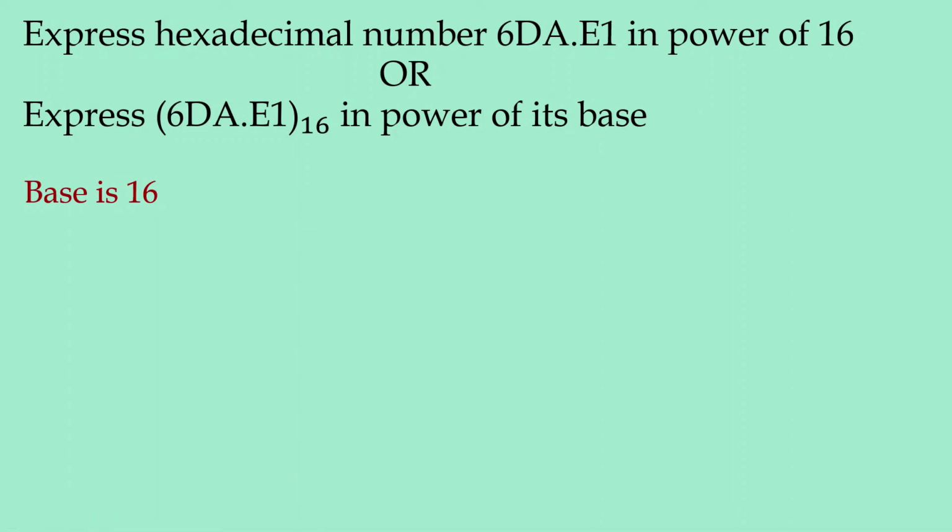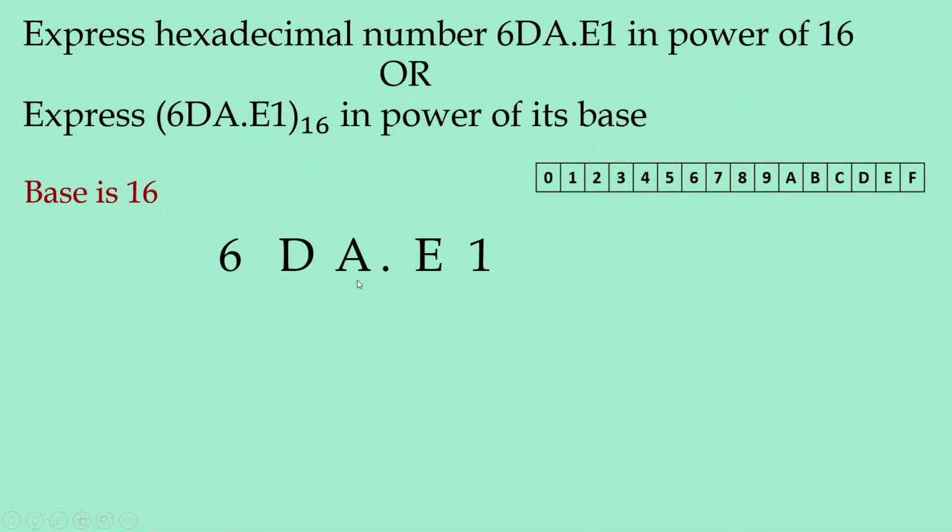You should understand which type of number system you have to consider. Now let's come back to our question, 6DA.E1. So we will first see what is the weight of this A. Before that, let's recall the unique digits used in hexadecimal number system.